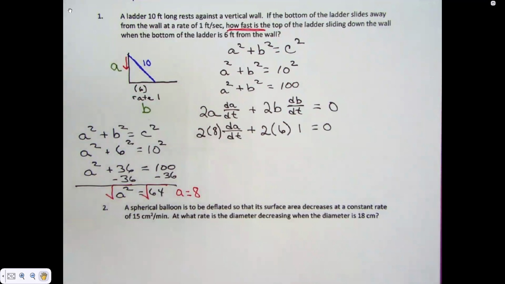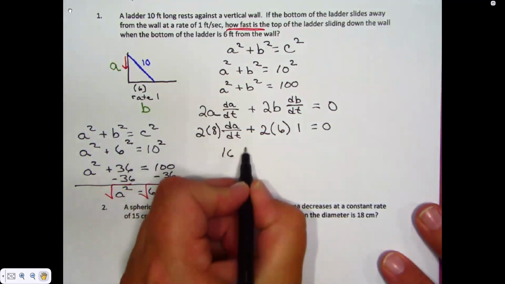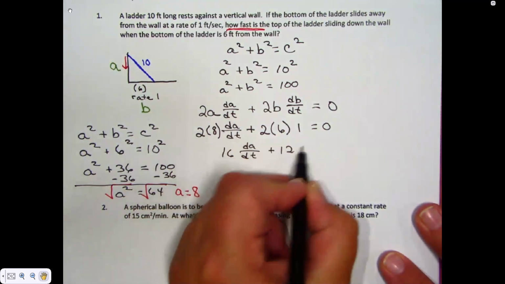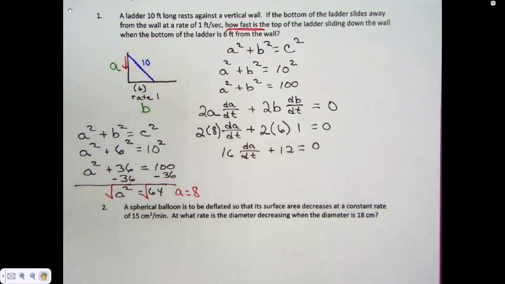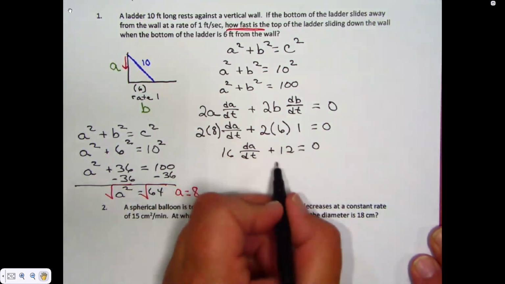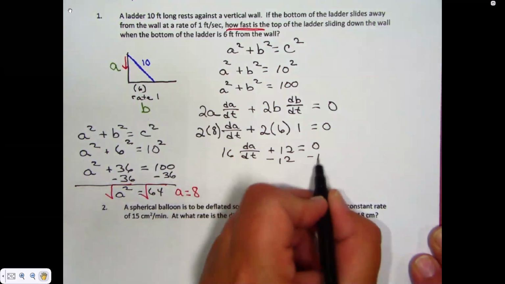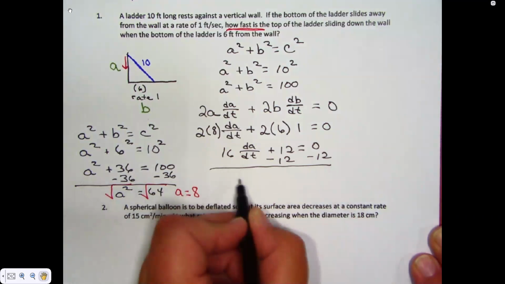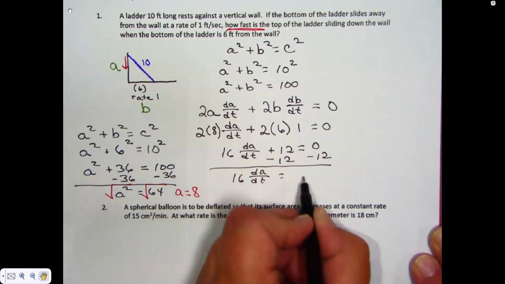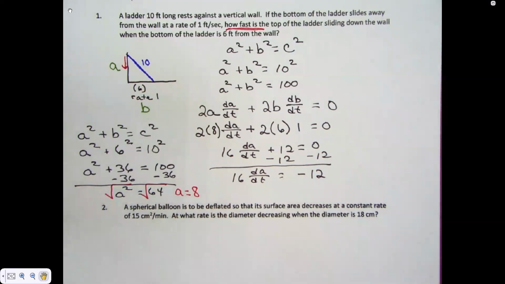Okay, so now we just have to solve this for dA dt. So we'll do 16 times dA dt plus 12 equals 0. So kind of a weird answer, so let's talk about it once we get there, right? Subtract 12. 16 dA dt equals negative 12.